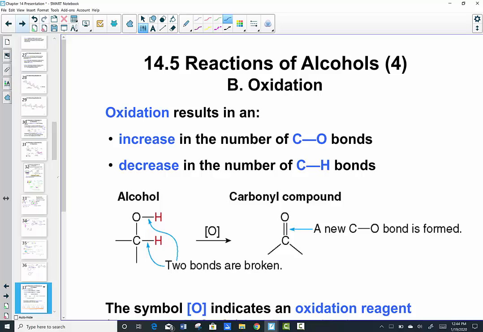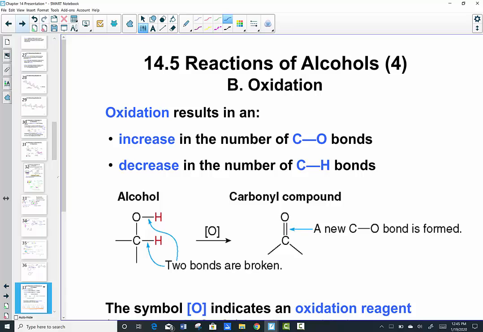Other types of reactions that alcohols undergo include oxidation and reduction. Let's remind ourselves what those two terms mean. Oxidation. When we increase the number of carbon to oxygen bonds in a hydrocarbon chain, we are oxidizing. Another way of saying that is to decrease the number of carbon to hydrogen bonds.